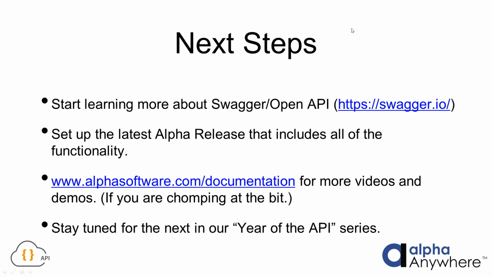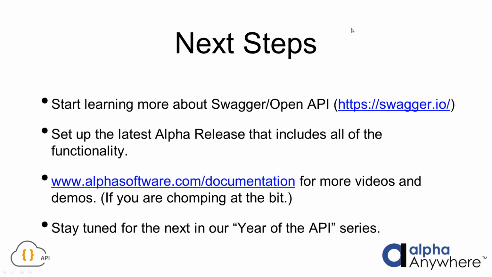It's a cool site. It's not required that you have a deep understanding of what Swagger is to use it. We abstract that information away from you. We don't even deal with Swagger in Alpha Anywhere. We actually have our own little API set up there.